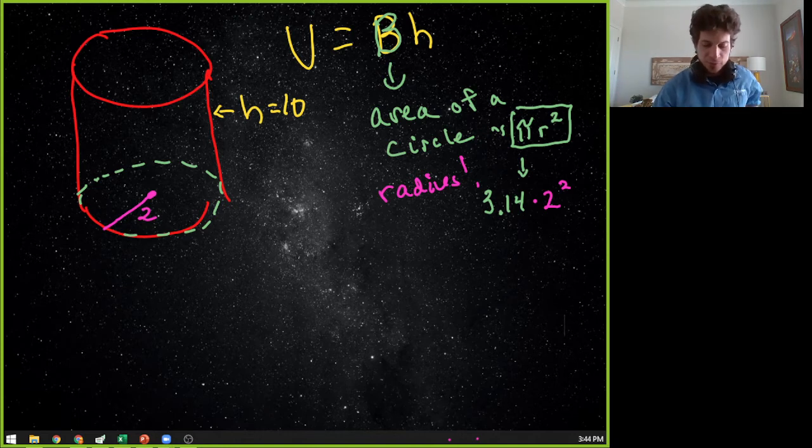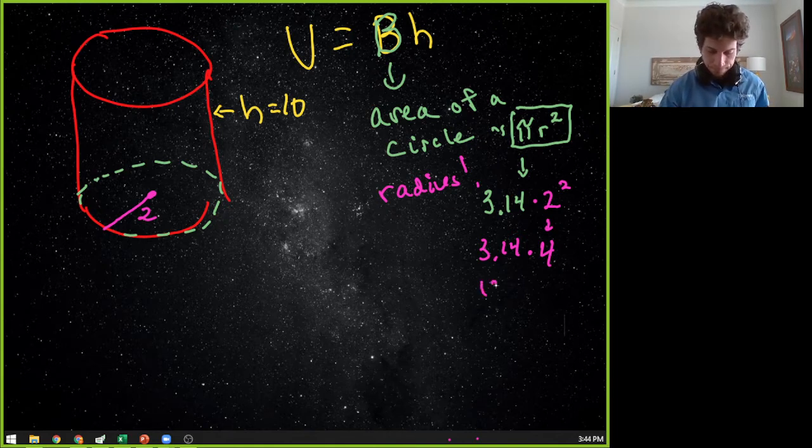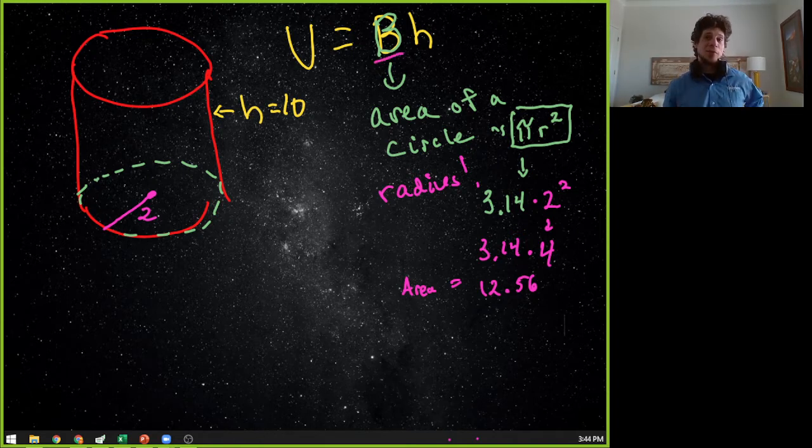So 3.14, 2 squared is just 4. So now we're left with 3.14 times 4, which is 12.56. And this is the area of our circle, which is the base in our volume formula.